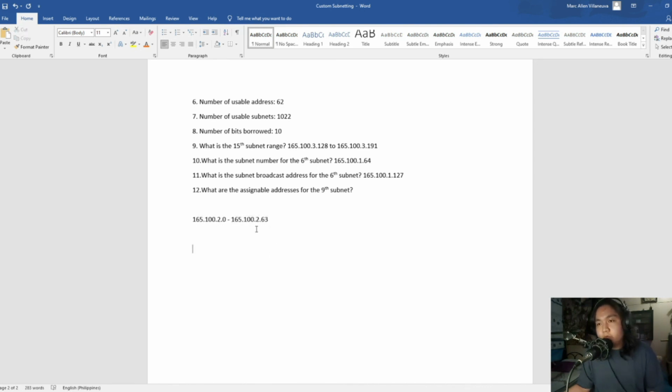The number in between them, the next one, will be 165.100.2.1, which is the second value, and the one before the last value is 165.100.2.62.